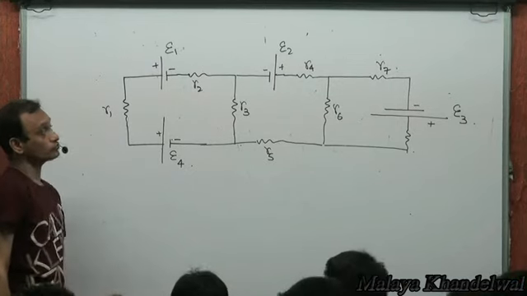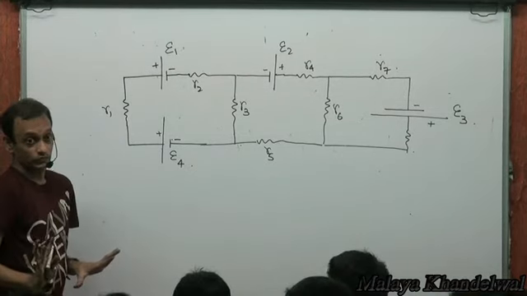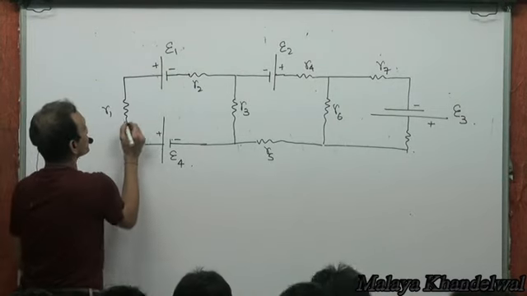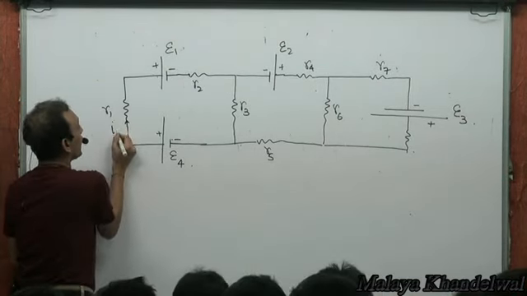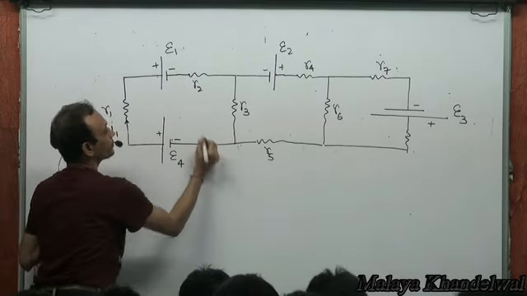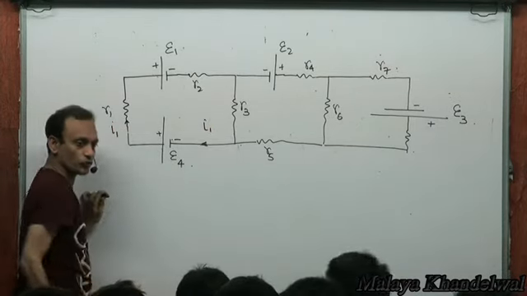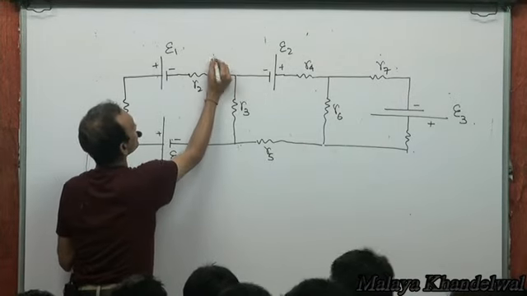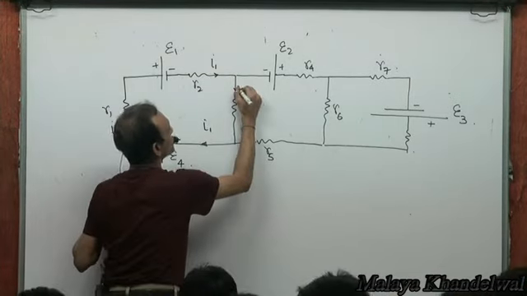Now, what we could do is the following. I could have started with a current I1 flowing through this battery. This I1 comes to this junction. It gets bifurcated into two.